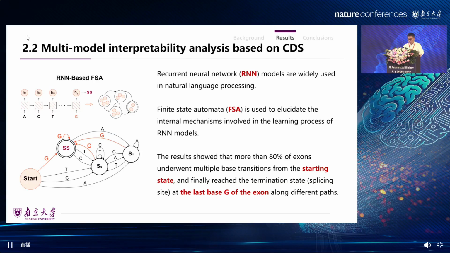So we used the RNN combined with a finite state automaton to trace its decision paths. We found that over 80% of the decision paths converge on a final terminal state only after reading the last base of the exon, which was overwhelmingly a G.